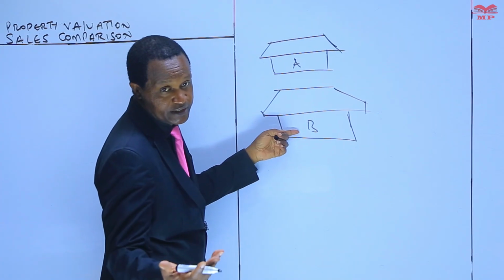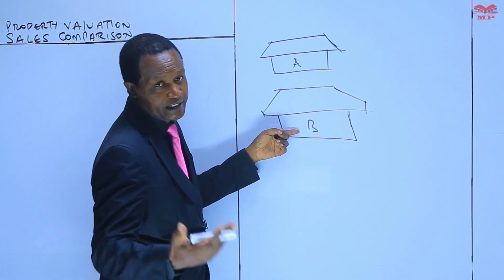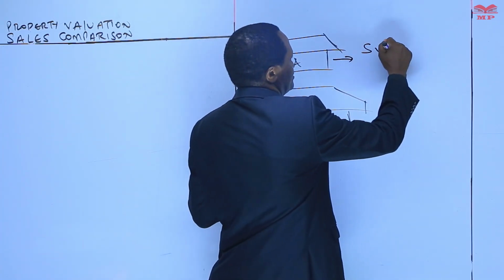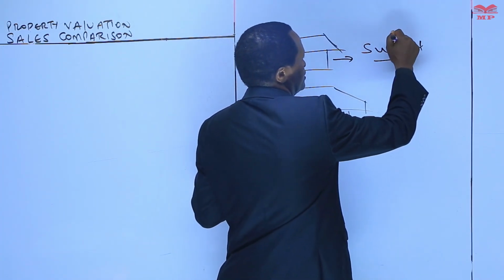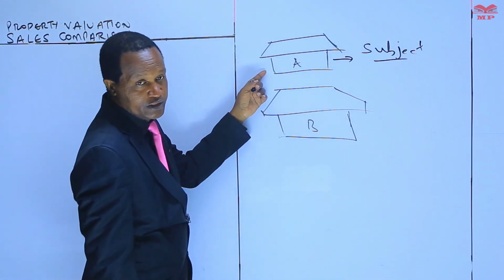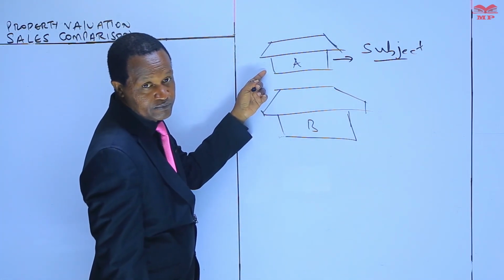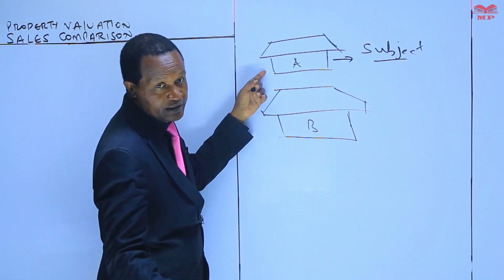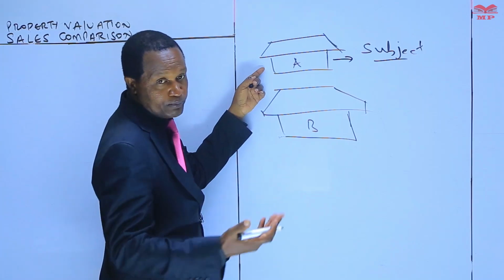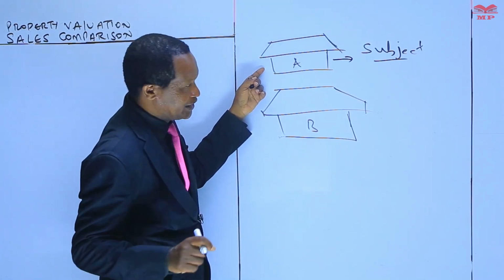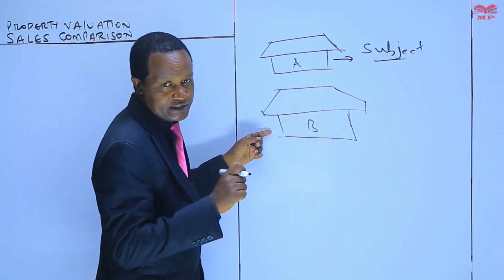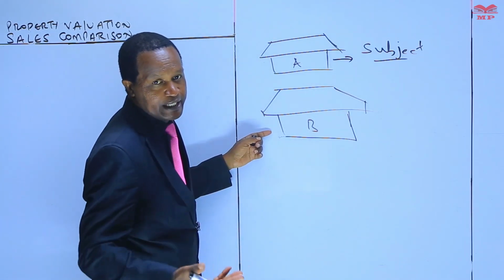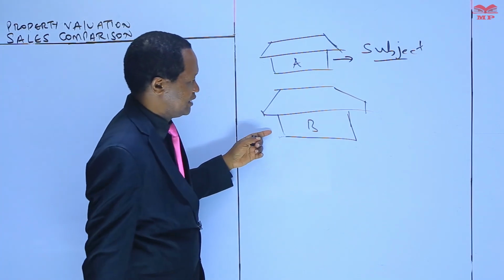So this approach estimates the value of a subject property. So assuming this A is the subject property, the property that ought to be valued, okay? So the approach estimates the value of a subject property by comparing it to similar properties that have recently been sold in the same market area.